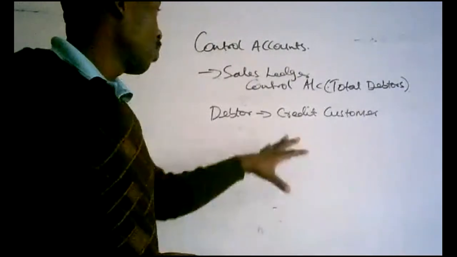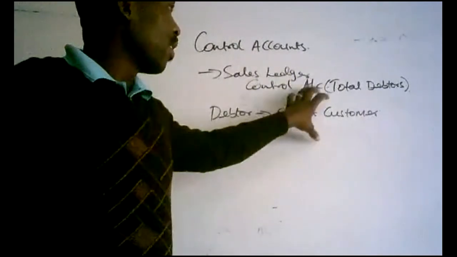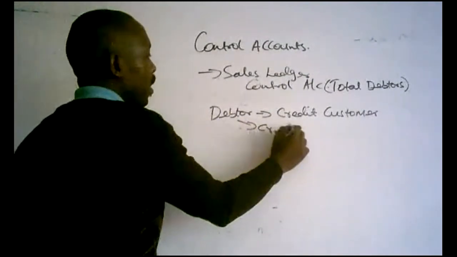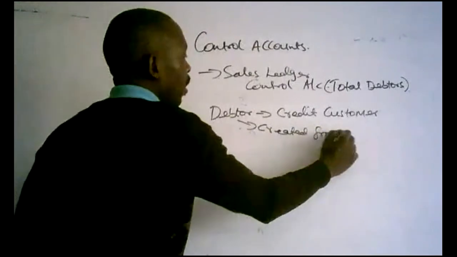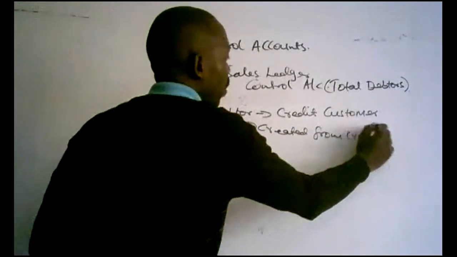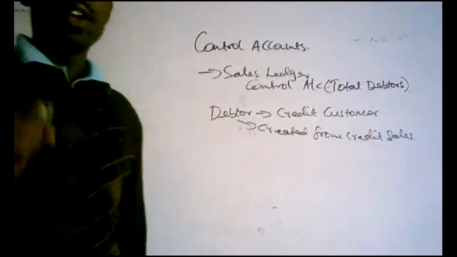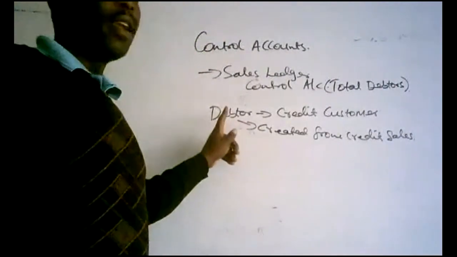So in simple terms, a debtor is a credit customer, and debtors are created from credit sales. When we sell goods on credit, that is when we create debtors.